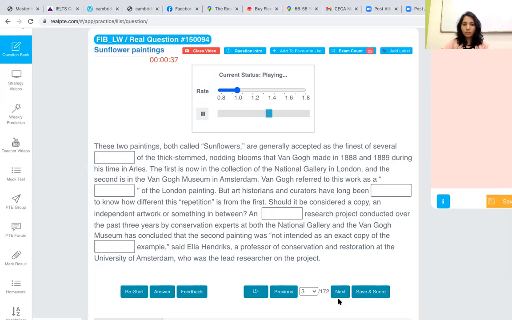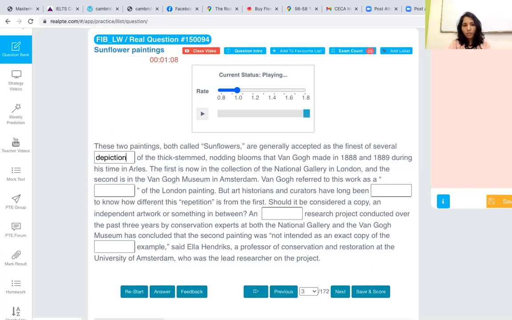Should it be considered a copy, an independent artwork, or something in between? An extensive research project conducted over the past 3 years by conservation experts at both the National Gallery and the Van Gogh Museum has concluded that the second painting was not intended as an exact copy of the original example, said Ella Hendricks, a professor of conservation and restoration at the University of Amsterdam, who was the lead researcher on the project.